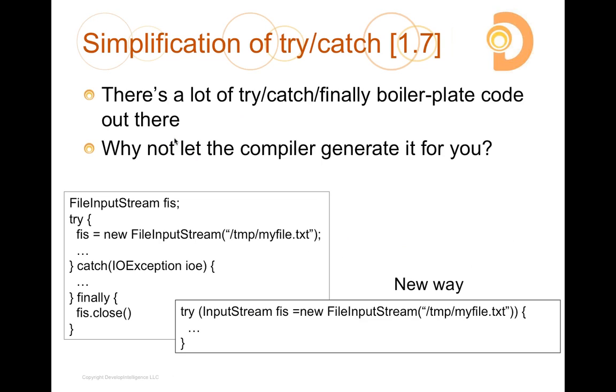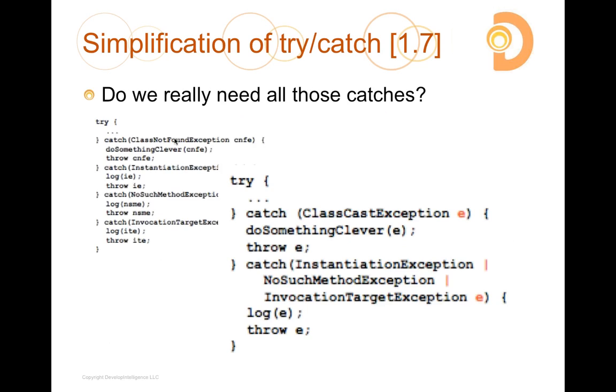In this particular case, input stream has been rewritten to be auto-closable. AutoCloseable is the interface that tells the virtual machine to go ahead and perform whatever the auto-closable functionality is, which in this case is just going to be close. So you can see that simplifies some of the boilerplate code.